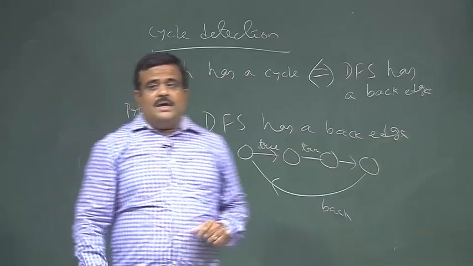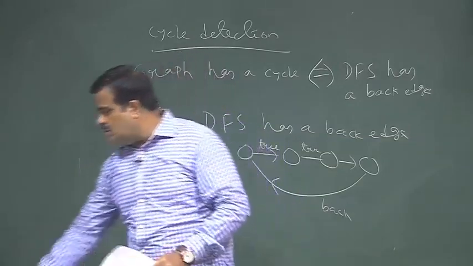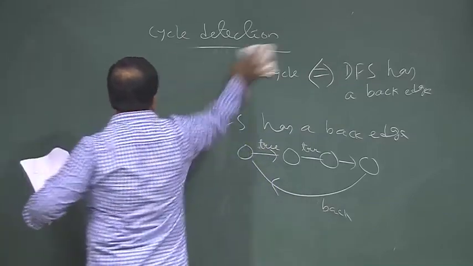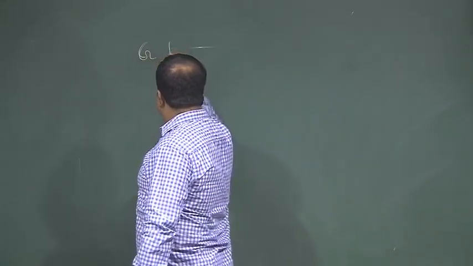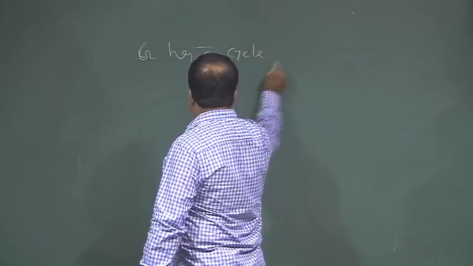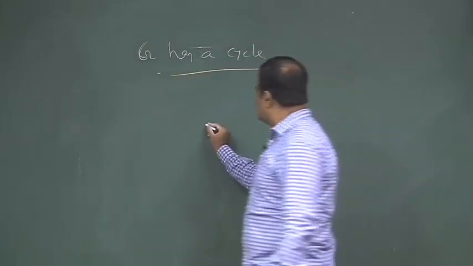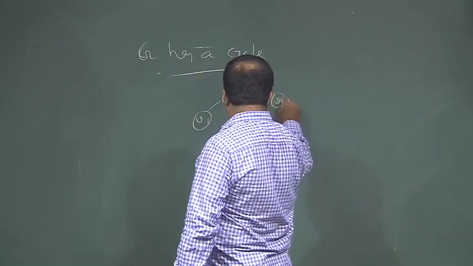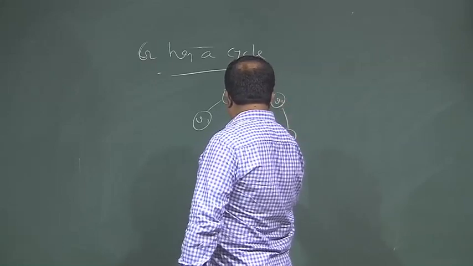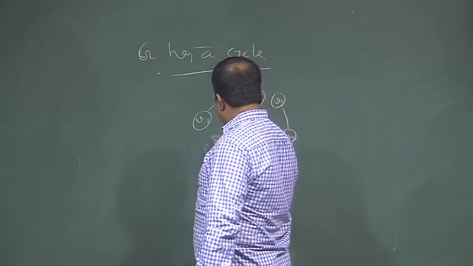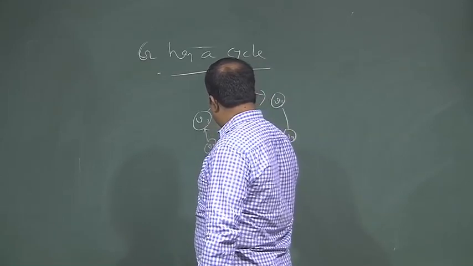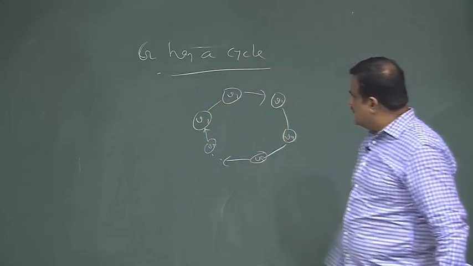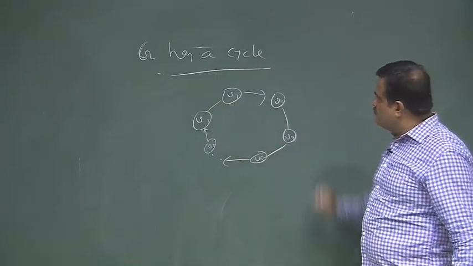Now, the other way: if there is a cycle, how do we show the DFS has a back edge? That is also interesting. Suppose a graph G has a cycle. Now, we have to show the DFS has a back edge. Suppose this is a cycle, say we have V1, V2, V3, V4, V5, dot dot dot, Vk. It starts with V1 and goes to V2.